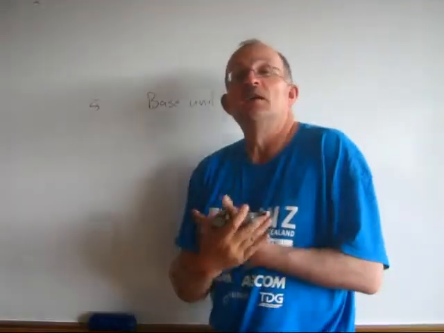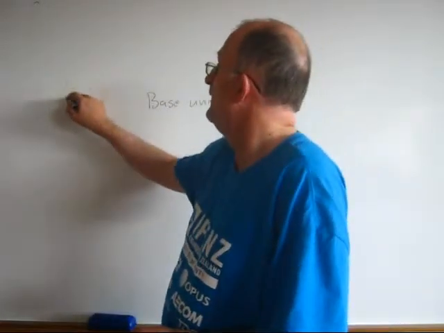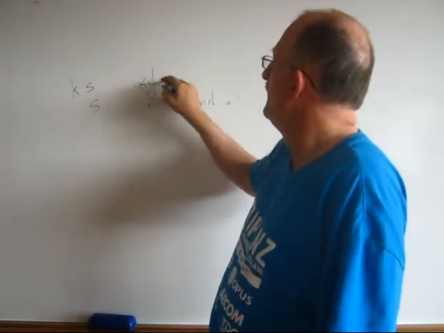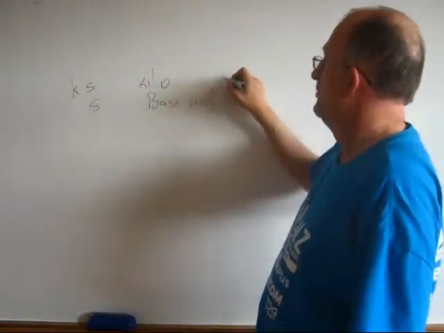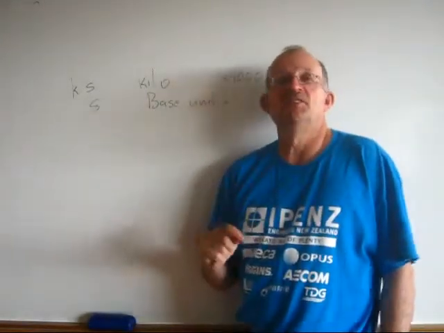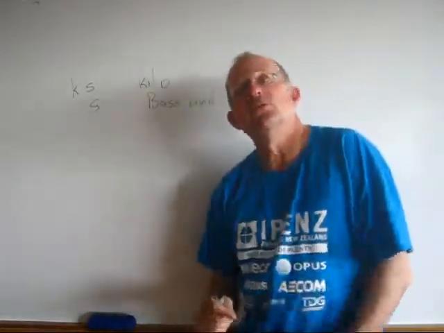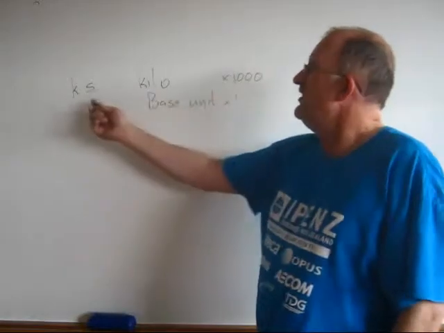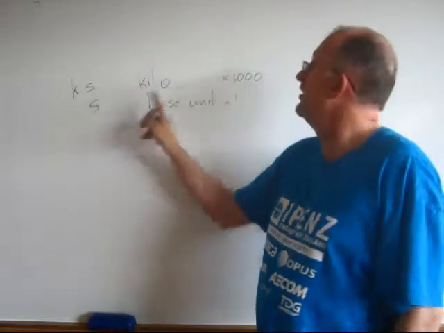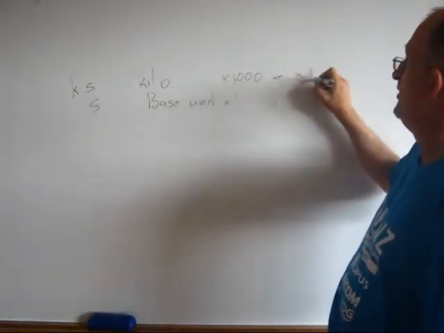So if we're talking bigger numbers, if we have a kilosecond, kilo means times 1,000. So 1 kilosecond would equal 1,000 seconds. 2 kiloseconds will equal 2,000. When I see kilo, or that K, it means to get to this unit, I go times 1,000, or times 10 to the 3.